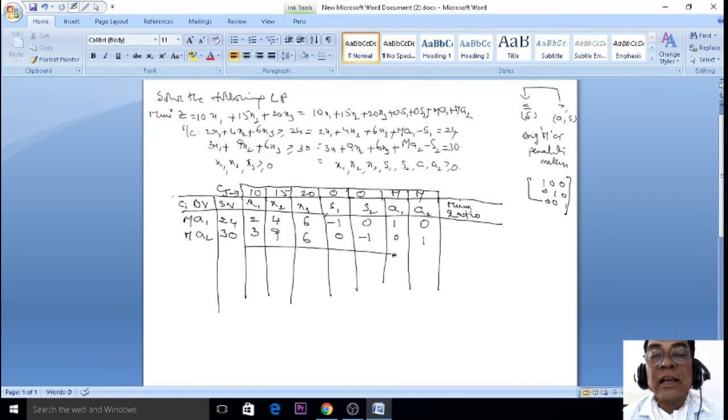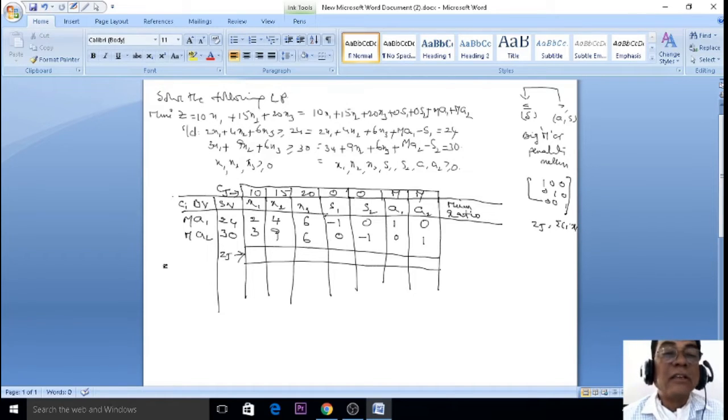Now come to the same values. Draw the horizontal line. Same thing, Zj. What are the Zj values? What is the basic formula for Zj? Zj is nothing but sigma Ci into Xi. Ci means M into 2 plus M into 3, that is 5M.